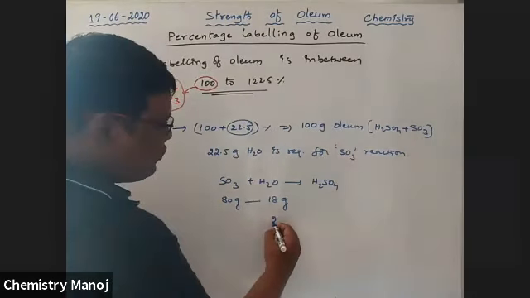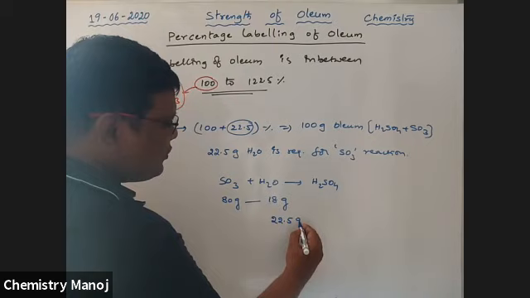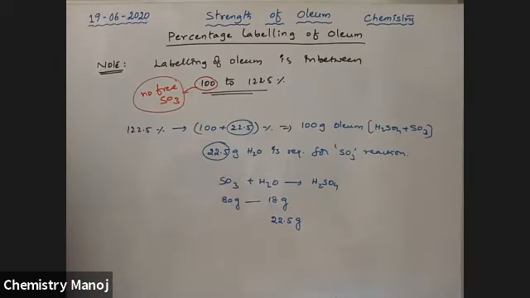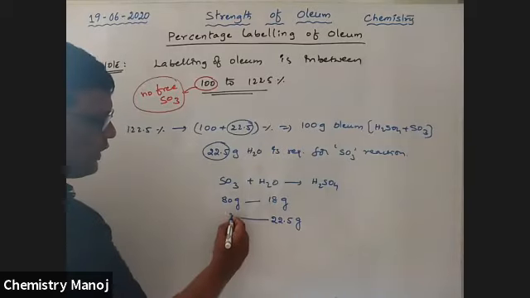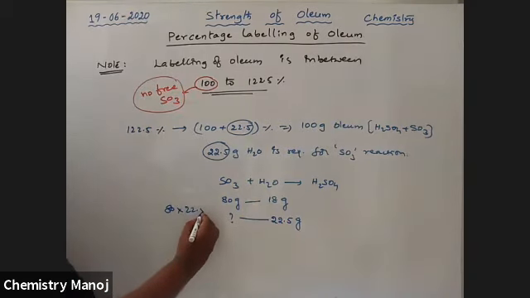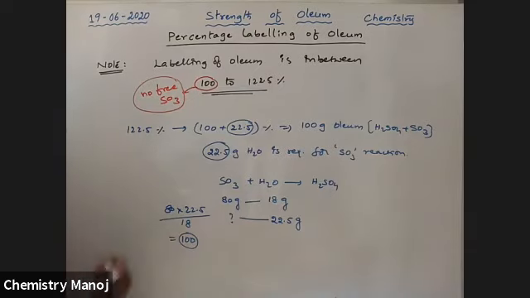Now, the reacted water is 22.5 grams. How much SO3 is required? That is 80 into 22.5 by 18, which is nothing but 100.